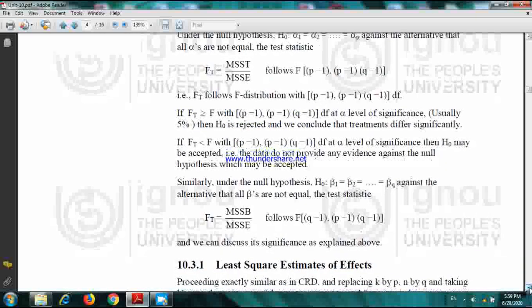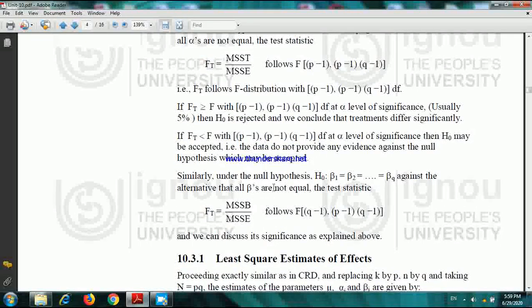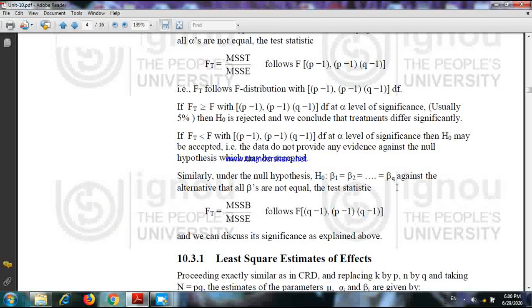Similarly, for blocks also we set up a null hypothesis H naught: beta 1 equals beta 2 equals beta q. That is, the effects of all the blocks are same, or the blocks do not differ significantly in respect of their effects.